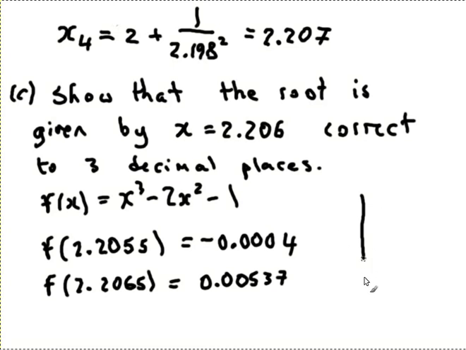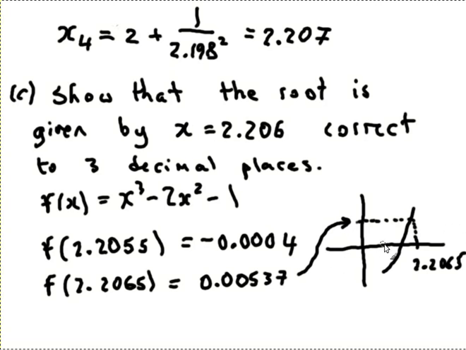What we've shown basically is, if you look really carefully at the graph, and this is a zoomed in graph, when you plug in 2.2065, you get a positive answer, and so it will be above the x-axis. That's your 0.00537 there.